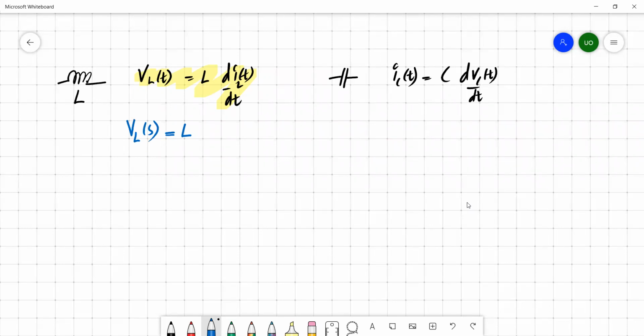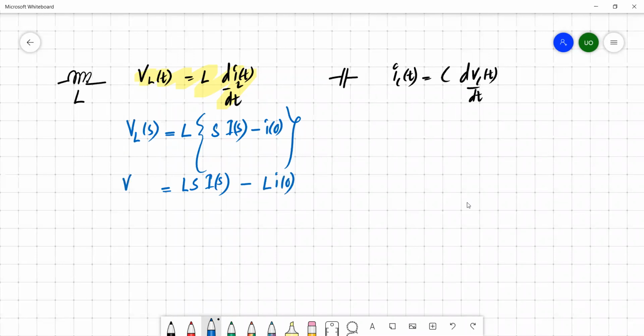It's equal to S times Is minus I0. So if you expand it, it's like Ls Is minus L times I0.